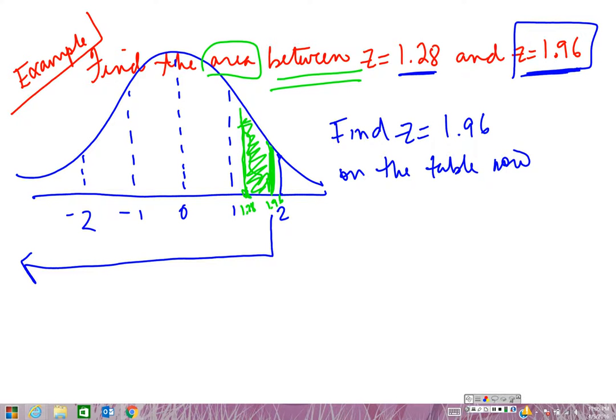That's what I want you to do, find 1.96 without me showing it to you. That way, I'll know that you know what you're doing. So if you go to 1.96 on the table, what is the area to the left of 1.96?